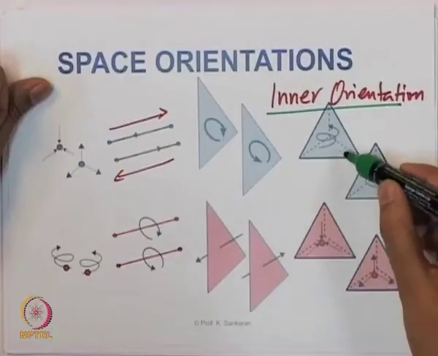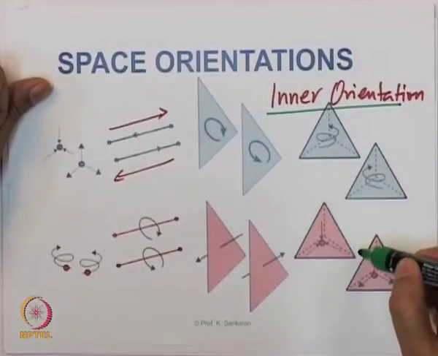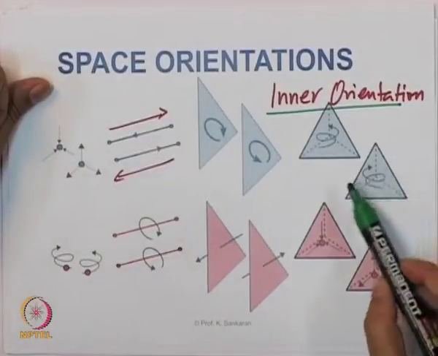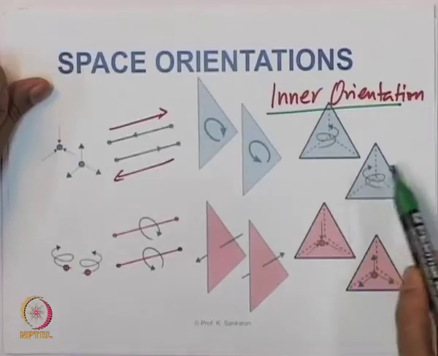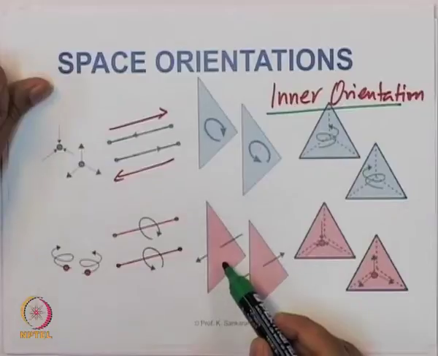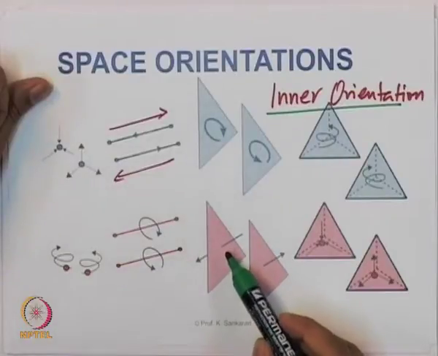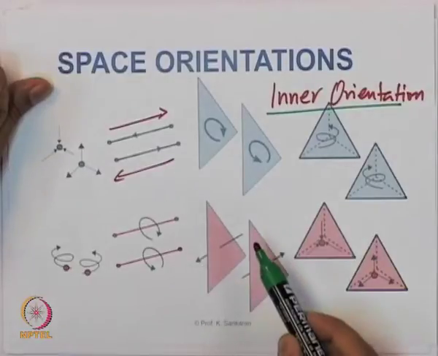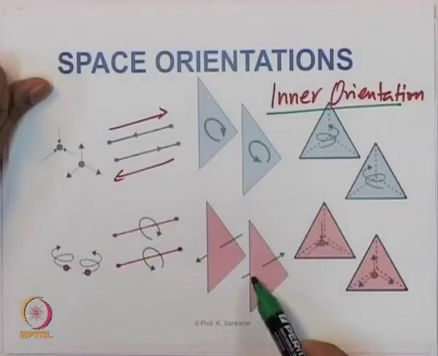But this is very clear in the case of a volume. When we talk about divergence, we are talking about the outer orientation, whereas when we are talking about the rotation on the surface, we are talking about the inner orientation. Similarly, for a surface, the outer orientation is the direction in which the flux is going in or going out.